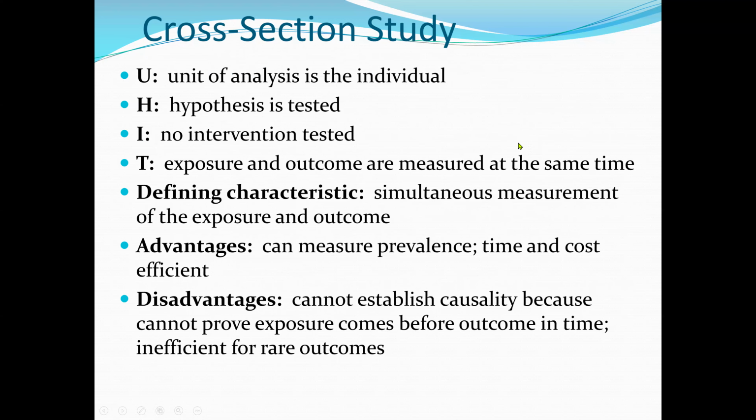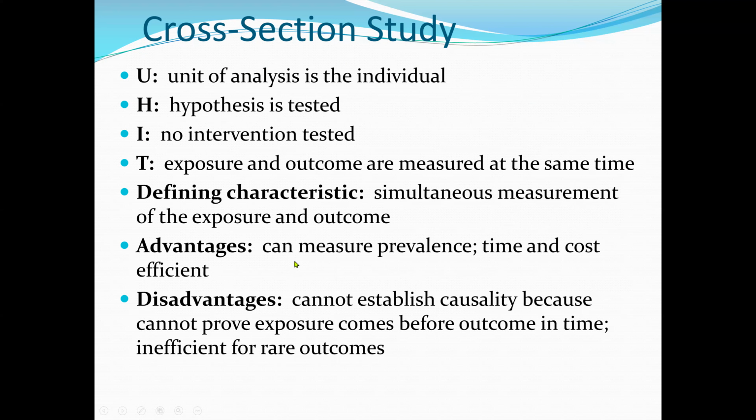So the defining characteristic of cross-sectional studies is that the exposure and the outcome are measured at the same point in time. This design is equipped to identify factors that are associated with the health phenomenon, but causality cannot be established without the proper temporal order of exposure first and the outcome later.